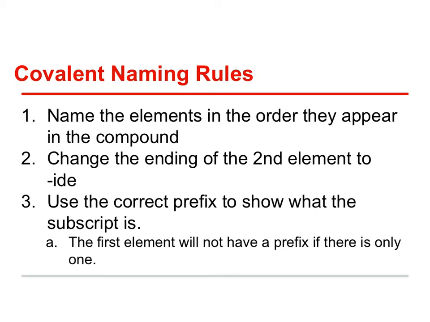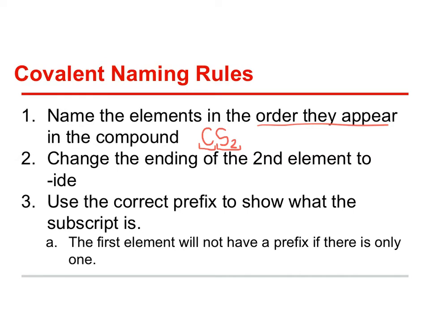Okay, so let's look at the rules here. The first rule of naming covalent compounds is that we're going to name the elements in the order that they appear. So when you're given a compound, something like maybe CS2, like in our worksheet from yesterday, you're going to name the carbon first and then the sulfur second.